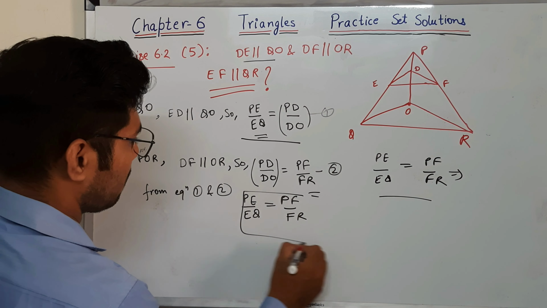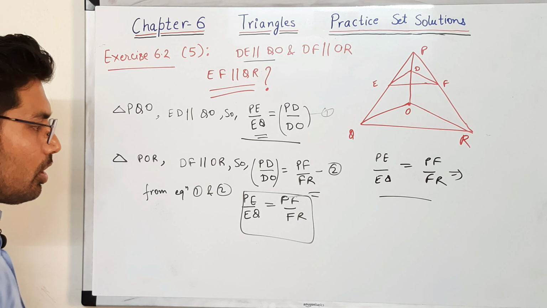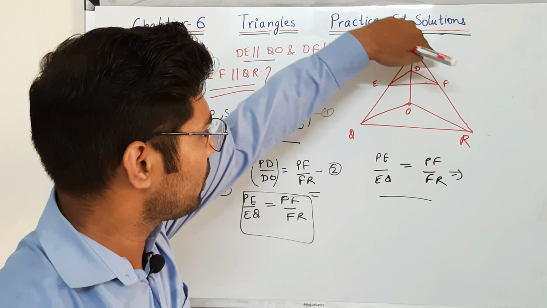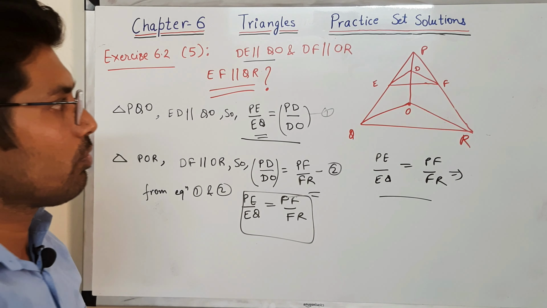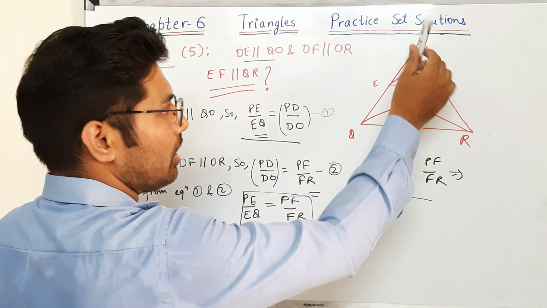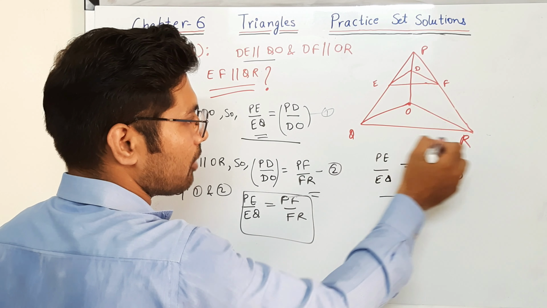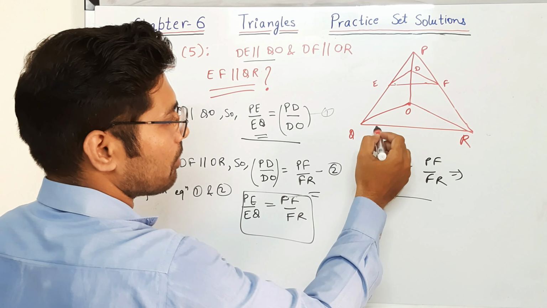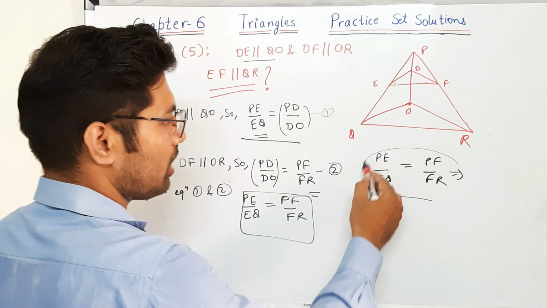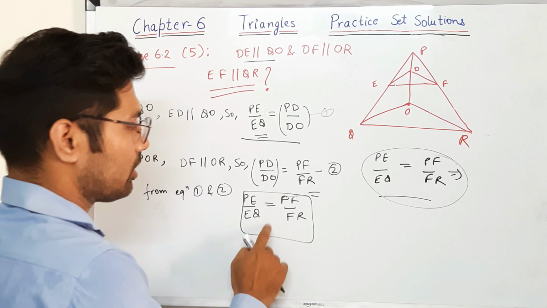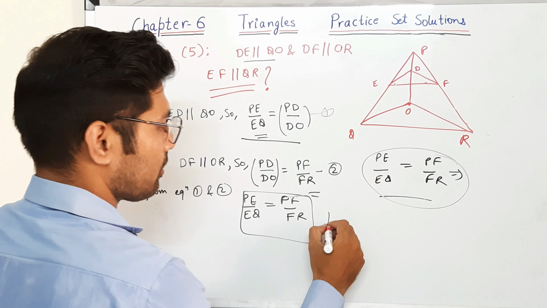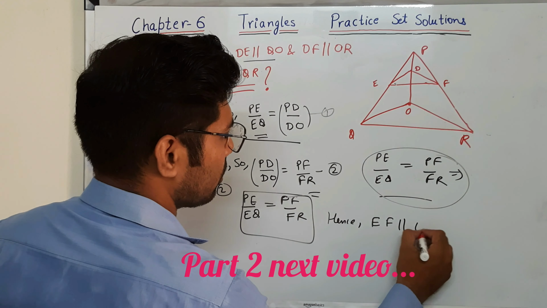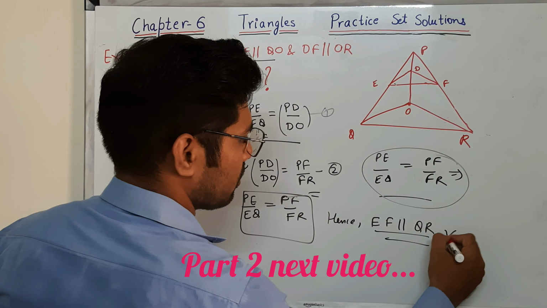What does this mean? In triangle PQR, PE upon EQ is equal to PF upon FR means these lines EF and QR are parallel. We needed to prove this, and we have proved it. Hence EF is parallel to QR. So this is our solution.